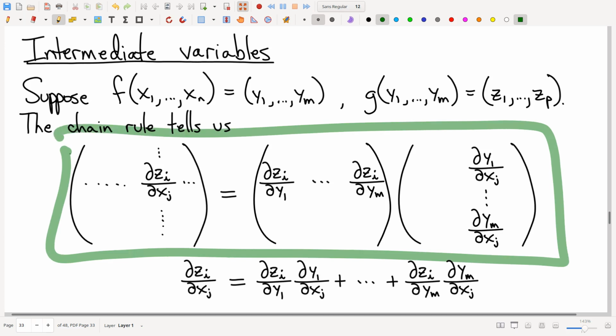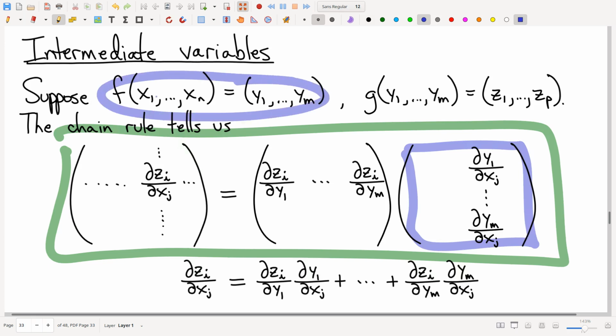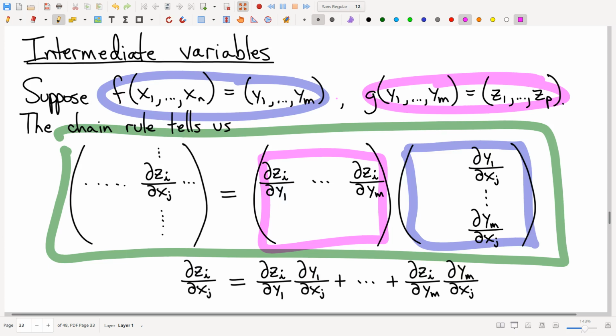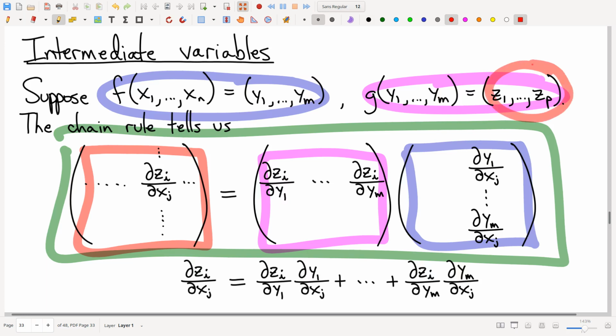Again, the derivative of the composition is the product of the derivatives. Now, notice this matrix right here is all the various partials of the y's with respect to the x's. This matrix right here is all the various partials of the z's with respect to the y's. And the product is all of the various partials of the composition, the z's thought of as functions of the x's.